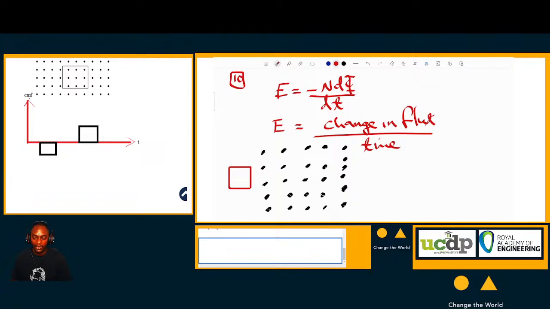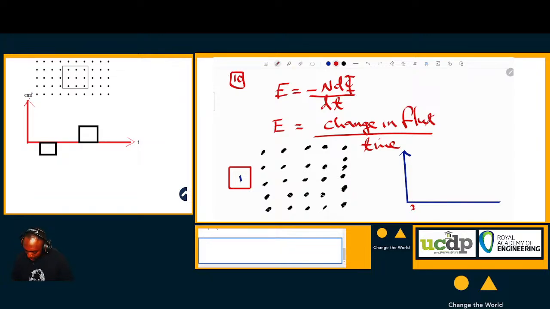Because it's completely outside. So if we're going to draw our corresponding graph, this position 1 is the same position 1 that we have here, where there is no EMF induced, right?